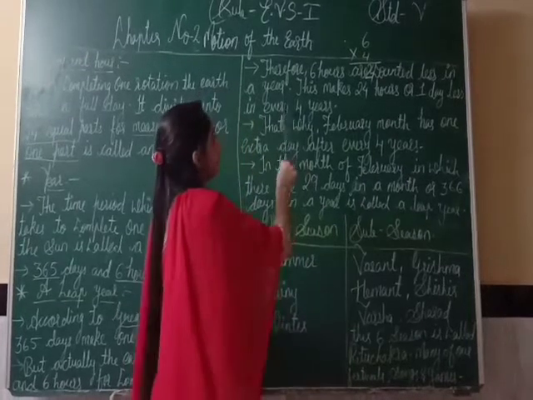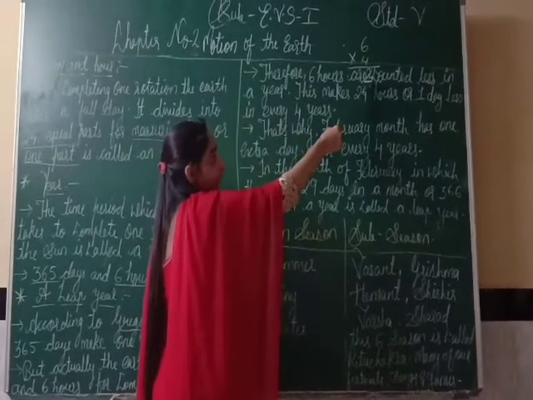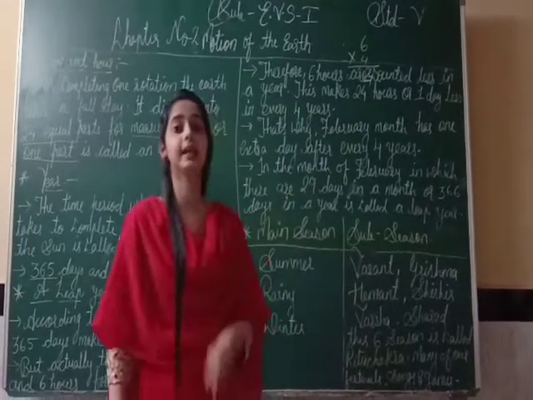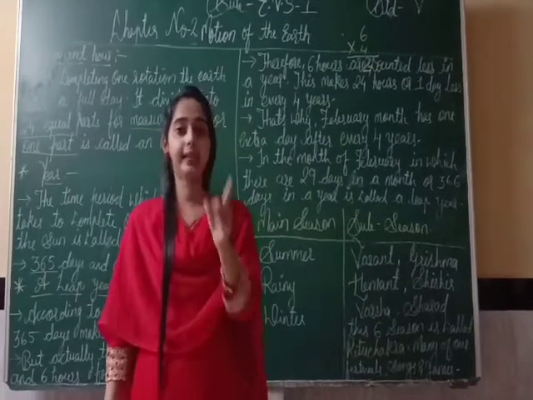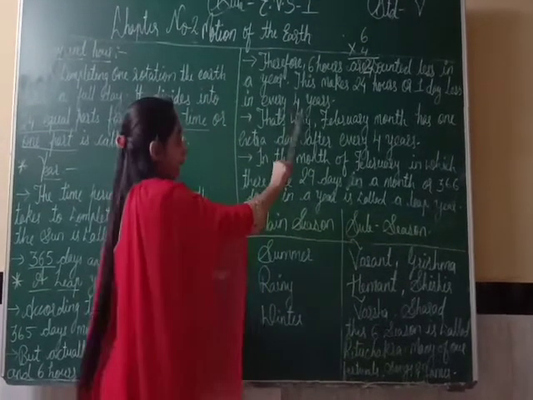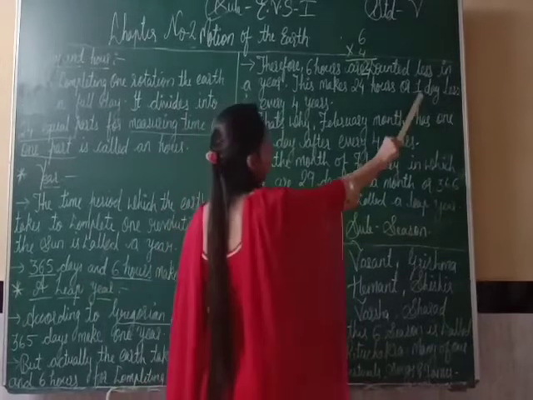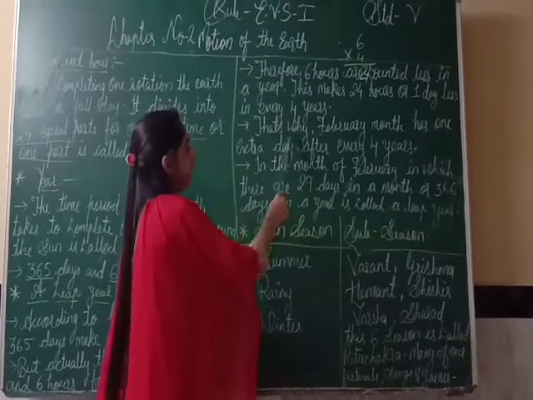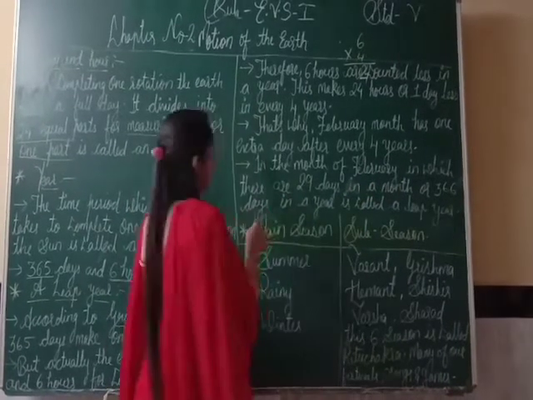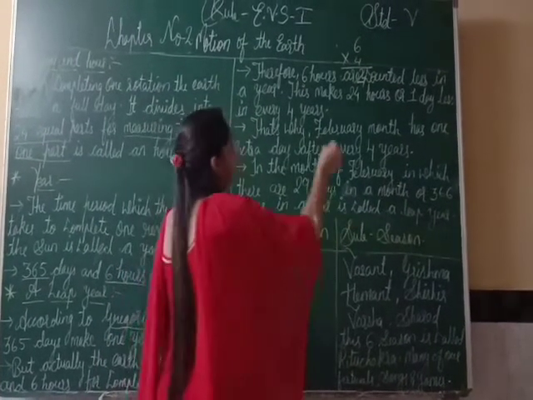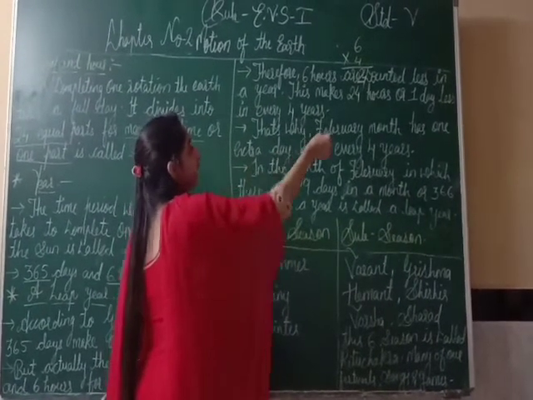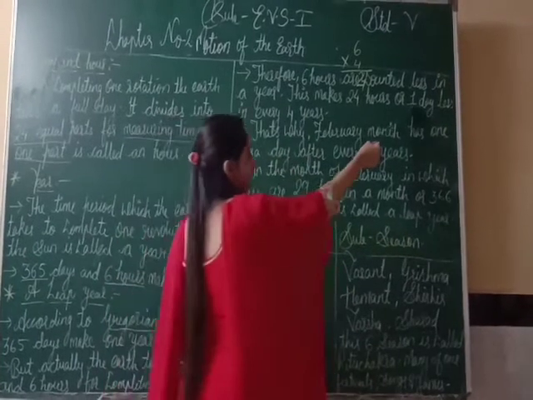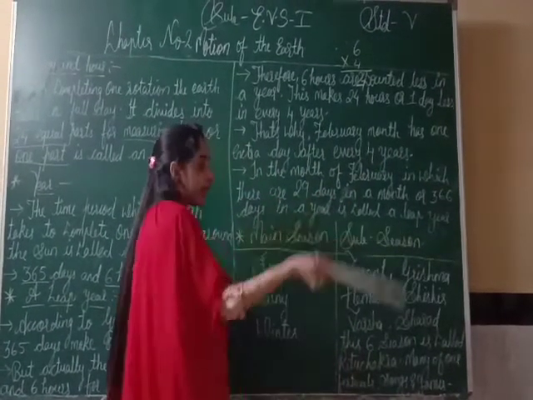So we minus 24 hours, and 24 hours means a day. That's why in every 4 years we have 1 day less. That's why February month has 1 extra day after every 4 years.